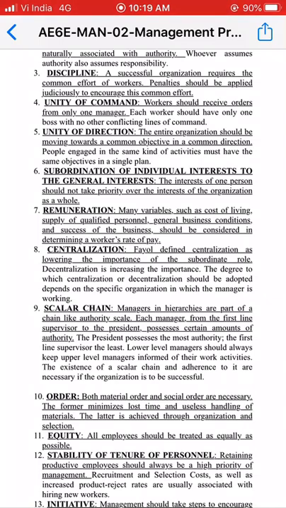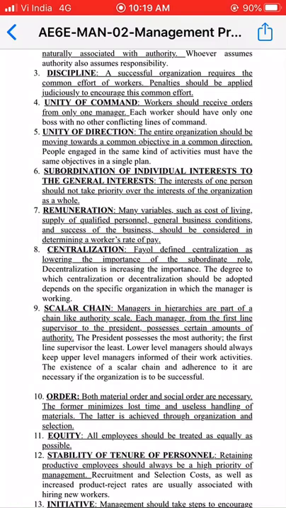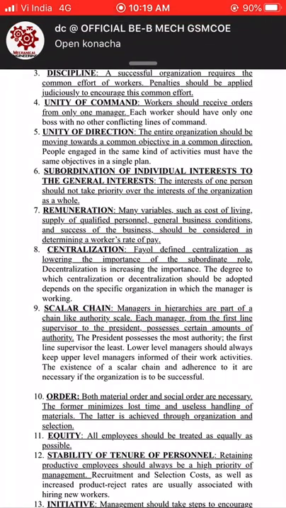All employees, all managers, all the people in the organization are responsible to achieve the goal. While taking a decision, only one person is not responsible. All the managers or all the board of the company are responsible for taking the decision. Okay, so this is about subordination of individual interests.